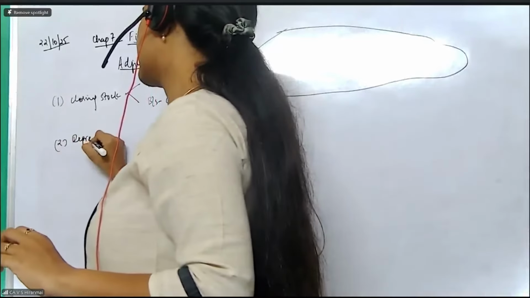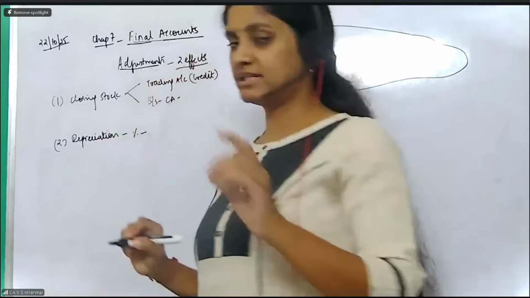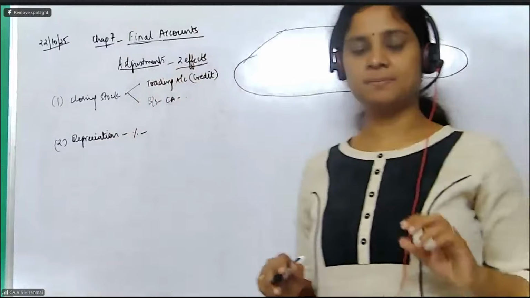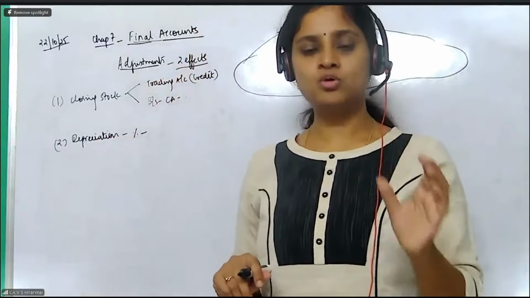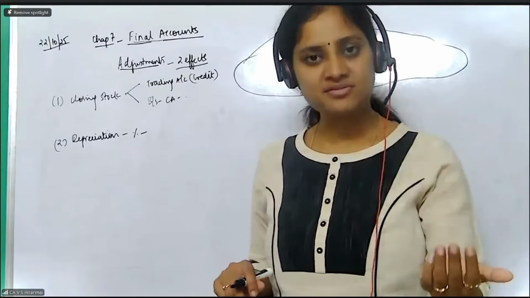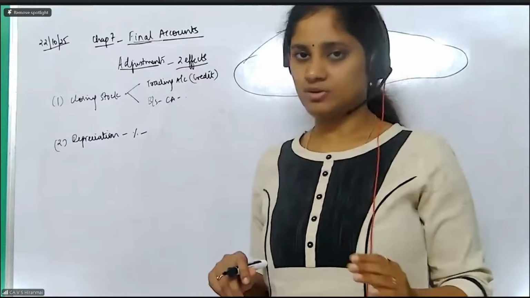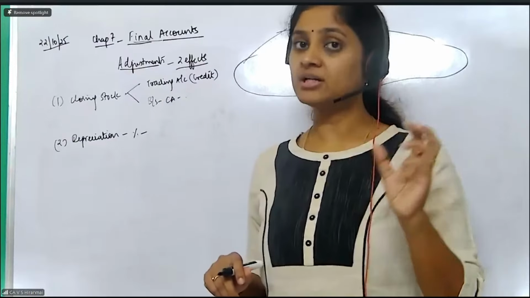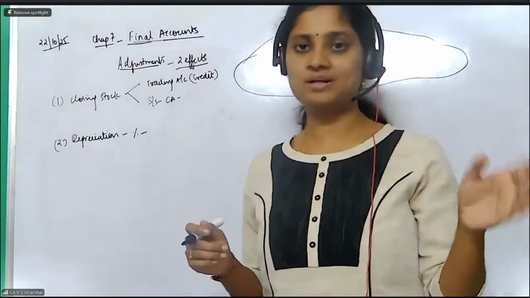Point number 2. We will be talking about depreciation. The depreciation percentage might be given to you in the question. Different types of fixed assets can be there. Fixed assets are prone to wear and tear. When time passes and you are using the fixed asset, the value of the fixed asset comes down. That is the concept of depreciation. You have learnt about depreciation at length in your earlier class, chapter number 5.